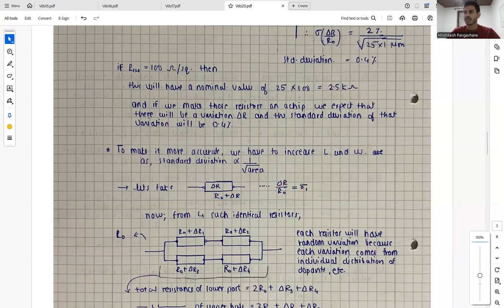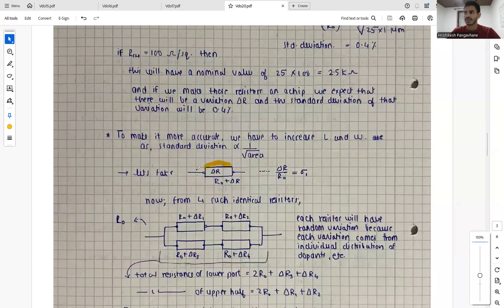So now let's see, we take four such resistors and connect them, two in series, and these two in parallel. So each of them will have their own different variation, which is random variation due to their own design or own dimensions.